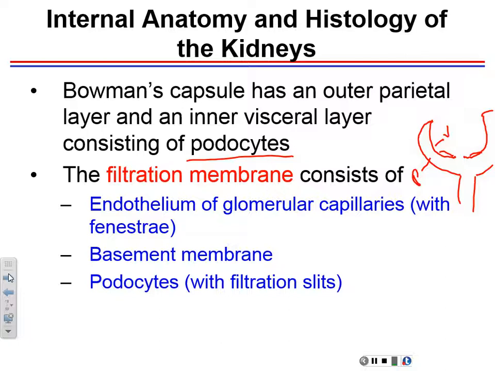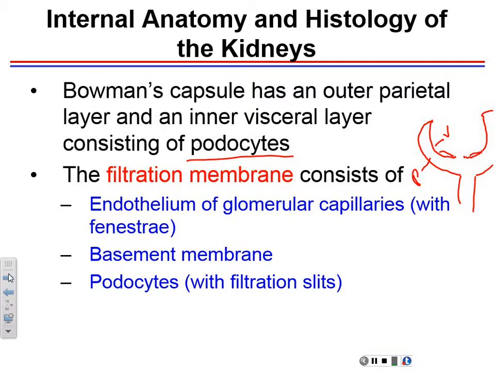Okay, the filtration membrane, which is just like the respiratory membrane, where the gases have to pass through. The filtrate has to pass through the filtration membrane. It consists of the endothelium of the glomerular capillaries, right? Because the glomerular capillaries have little slits on them called fenestrae. So it has to pass through the endothelial layer of those glomerular capillaries.